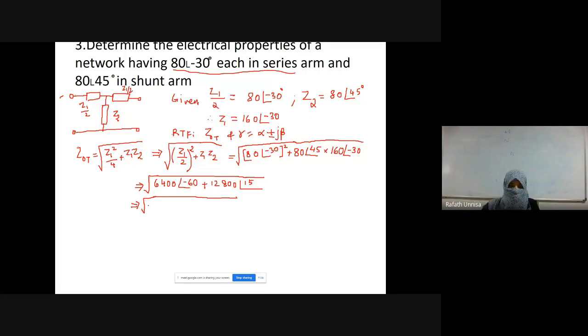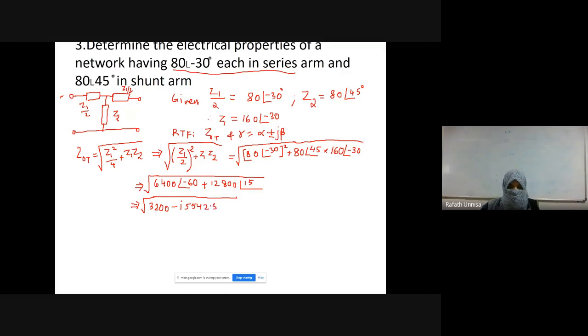I want you people to attempt these problems so that you will get a good hold on this particular topic. So 6400 at an angle minus 60 is nothing but 3200 minus j5542.56.